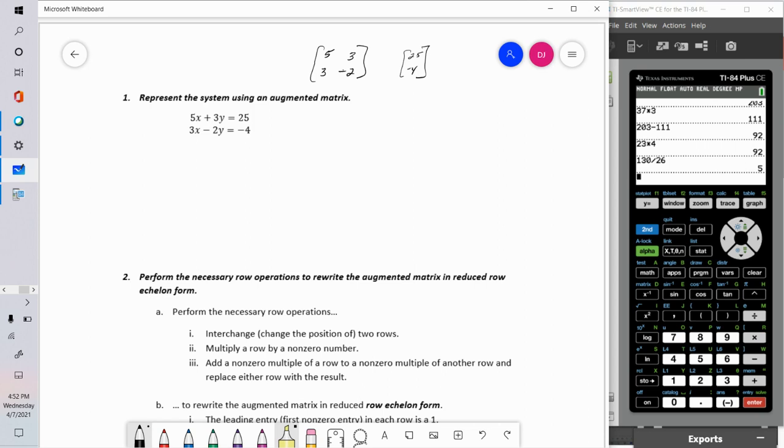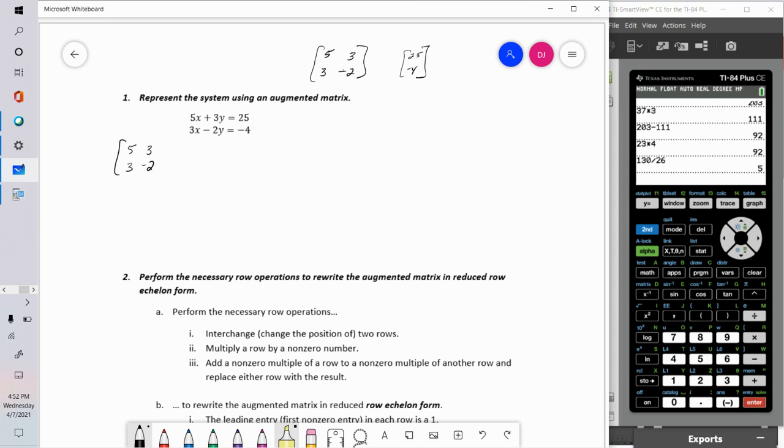The method I'm going to teach you here is called Gauss-Jordan elimination, which you don't need to know. The first step is to create an augmented matrix, which blends those two together. So we have 5, 3, 3, negative 2.